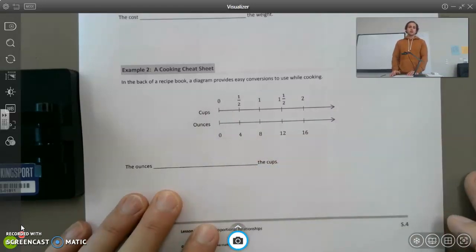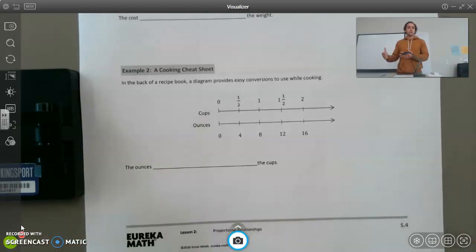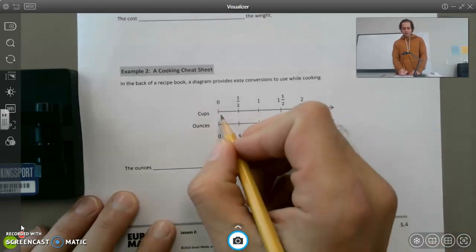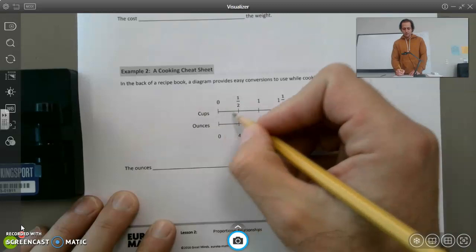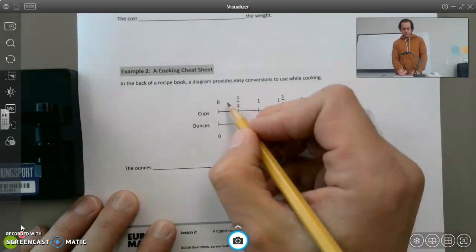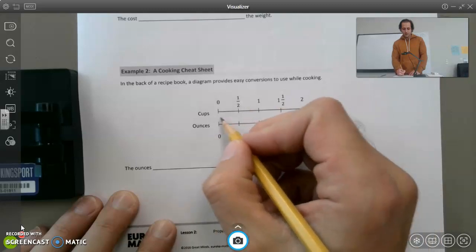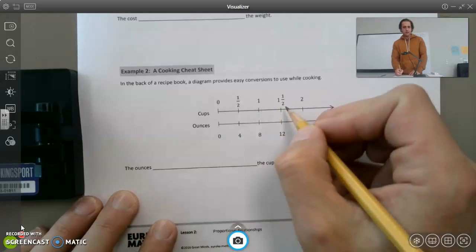So we have to ask ourselves, is it proportional? What I mean by that is, do they increase at the same rate? Is there some rate at which they are increasing? In order to do that, we would look at this and say, is there some multiplier that connects my number of cups to my number of ounces?